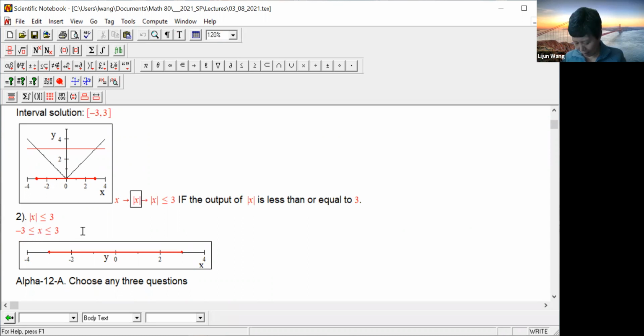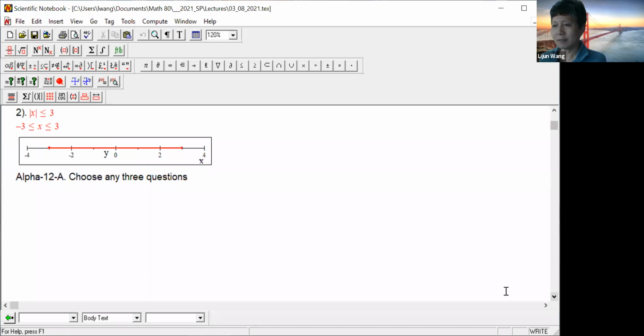I know some of my students in the past have had trouble understanding these notations. So, can you guys give me a second? Understanding the notation.